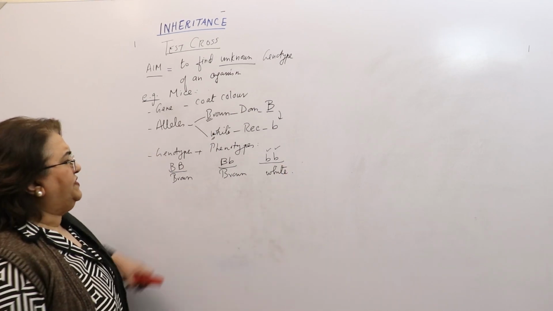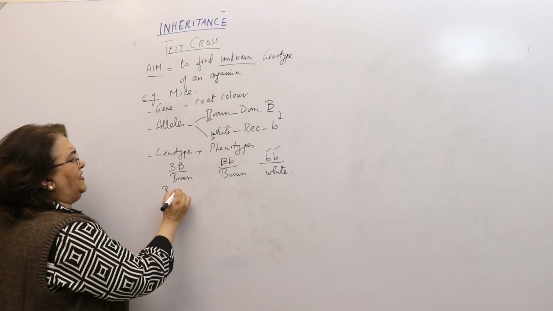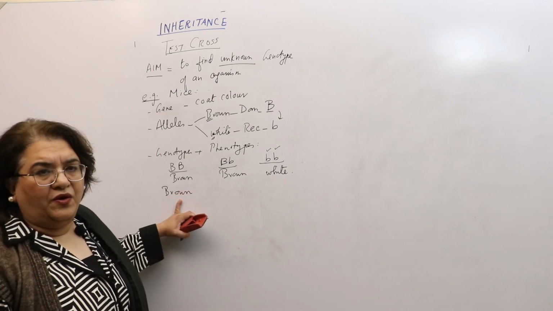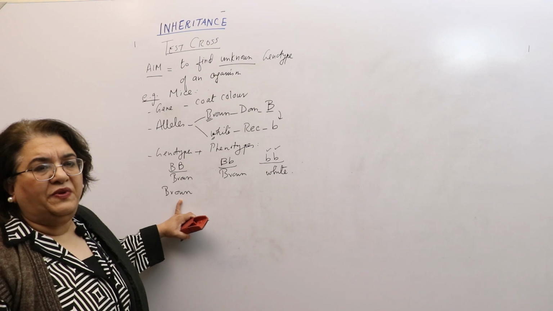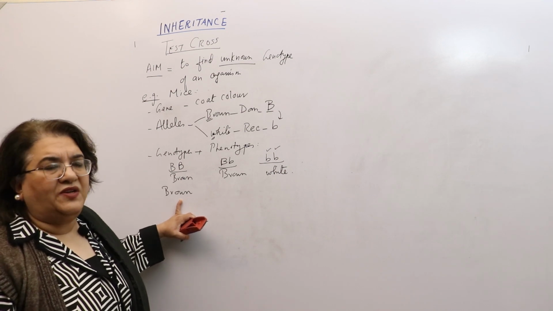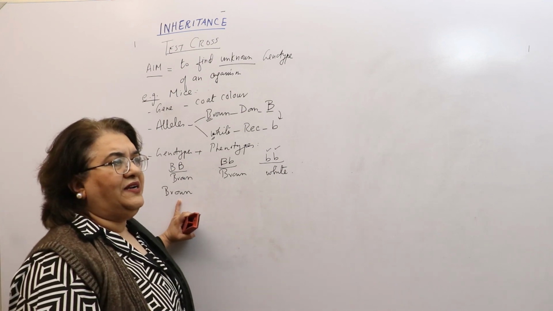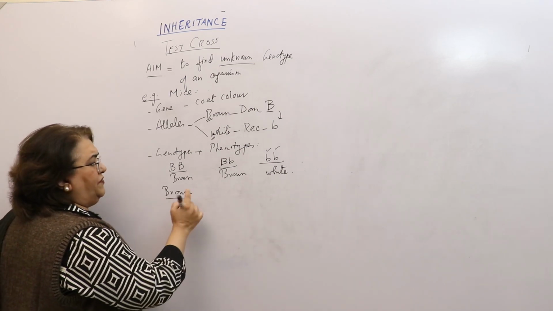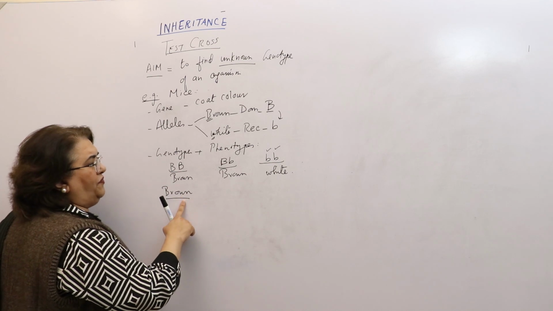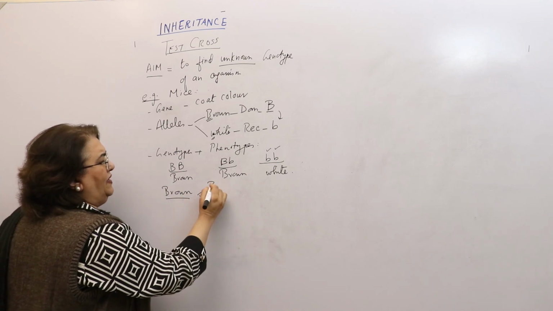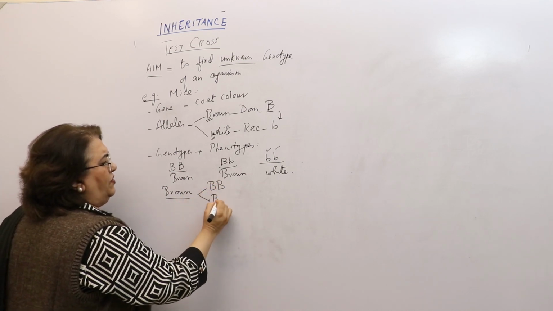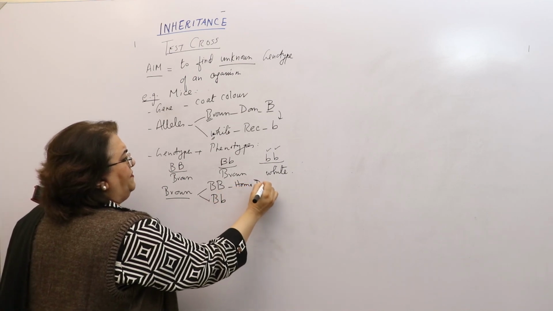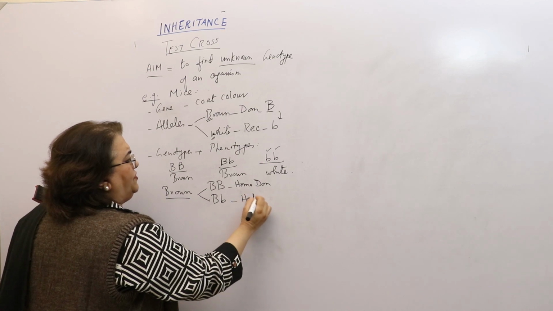Now the confusion starts here. If I see the phenotype or the coat color as being brown, the question is: what will be the genotype? Because I can't see the genes or the alleles, they are present in the DNA. The brown phenotype would either be this, homozygous dominant, or this, the heterozygous form.